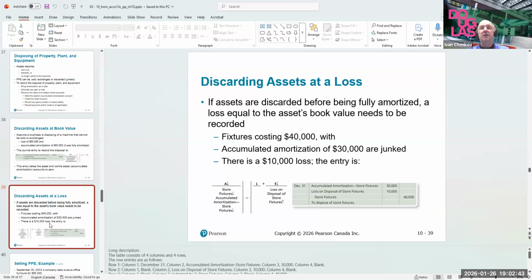Most likely in this case, if we did not fully amortize the asset, accumulated amortization, in other terms the amortization expense that we accumulated over the years, will be less than the original cost. That means we're losing money. We're going to show it as a loss, and we're going to deduct it from our income for that purpose.